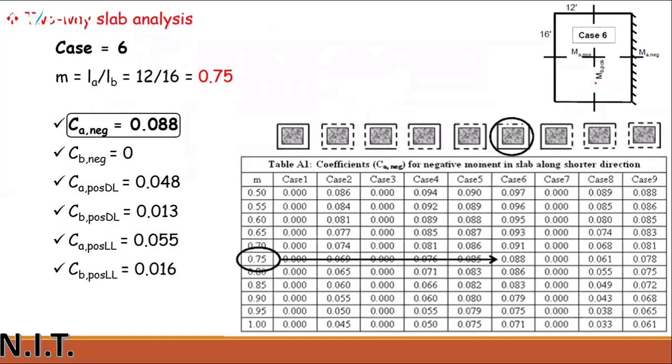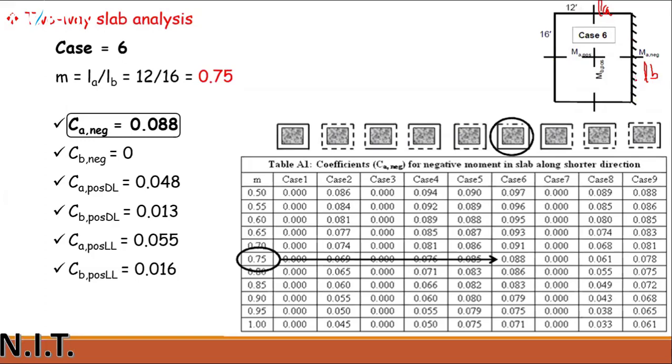Mr. Bell, yesterday you were getting it wrong again and again because of the selection of cases. Try to understand that first of all you need to find out which type of case this is. This is your LB side, the longer side, that is 16 feet, and this is your LA side. Clear? Now first decide that one LB side is continuous, as you can see from these shaded lines, and all the remaining sides are discontinuous.